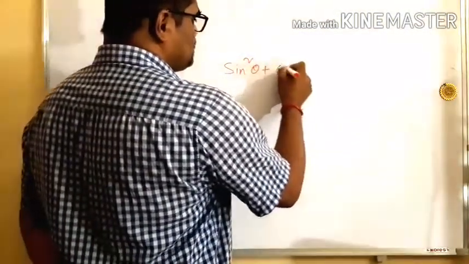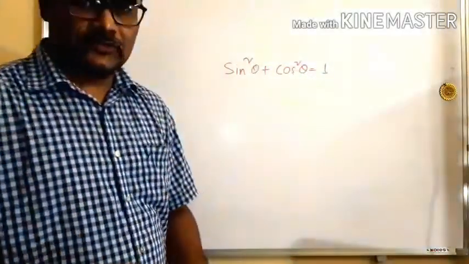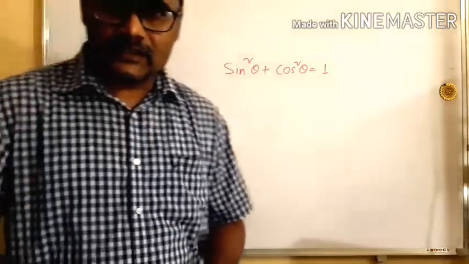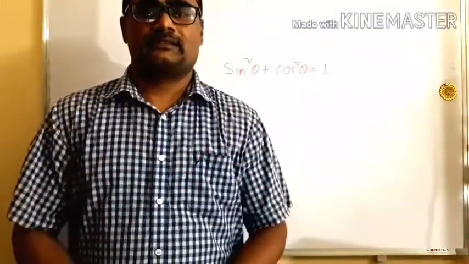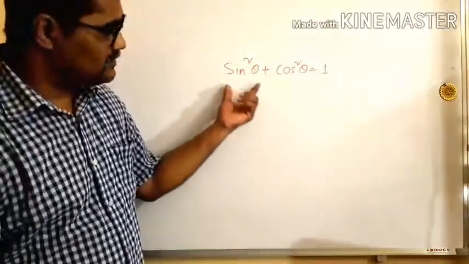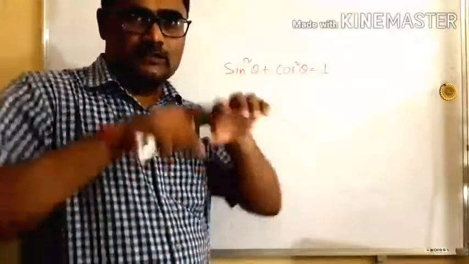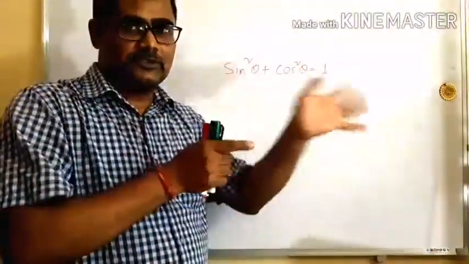Sin square theta plus cos square theta equal to 1. Think that these are on the screen of a television and these are individual entities. Think it. Sin square theta floating somewhere plus cos square theta floating somewhere equal to 1.